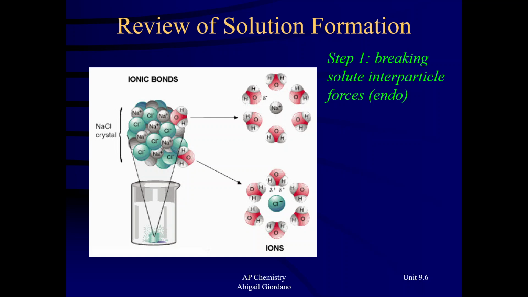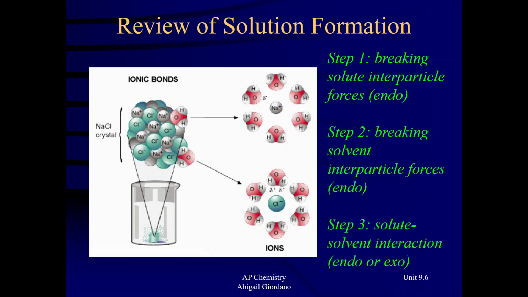Step 2, we're expanding or breaking apart the solvent particles from one another, also going to be endothermic. It takes energy to break. In this circumstance, we're breaking London dispersion, dipole-dipole attraction, and hydrogen bonding between the water molecules. Again, that is always going to be an endothermic heat change.